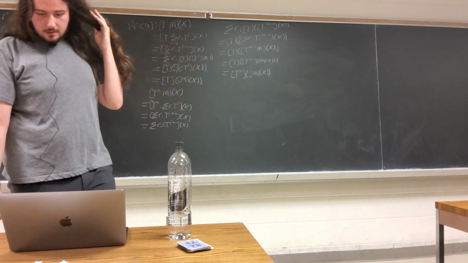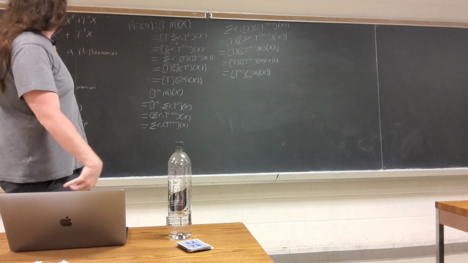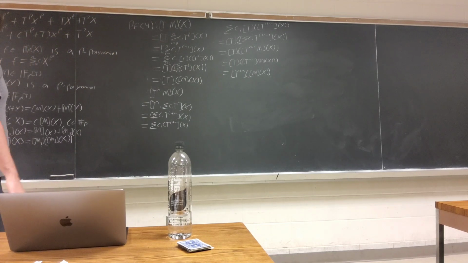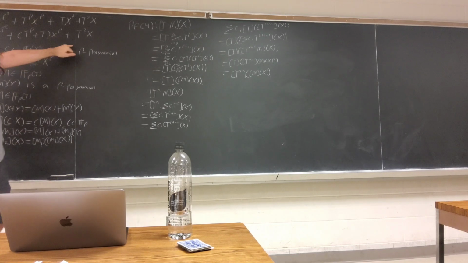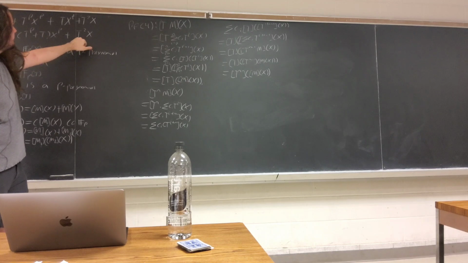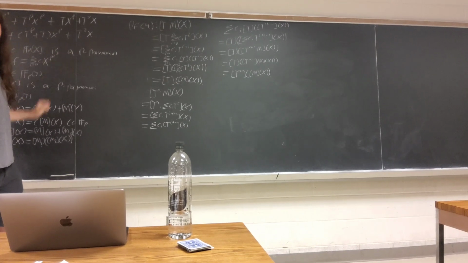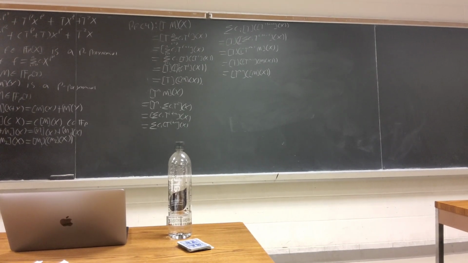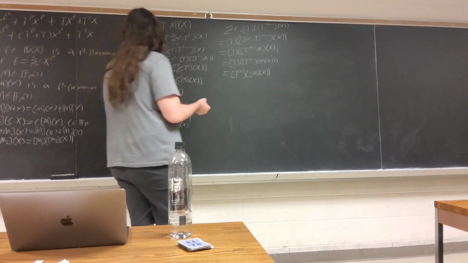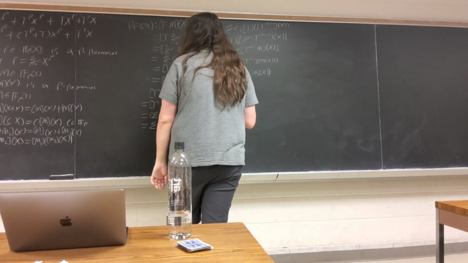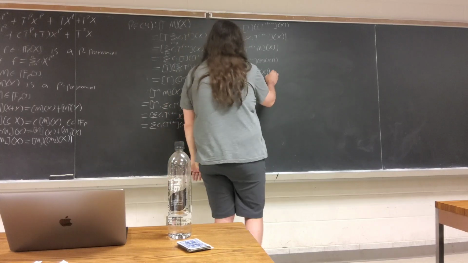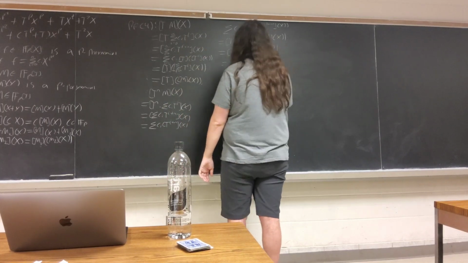Another pattern, and I won't prove this, but earlier I mentioned that it wasn't a coincidence that we have t squared x as this degree 1 term. So that's something that will always happen. I should write it down, shouldn't I?